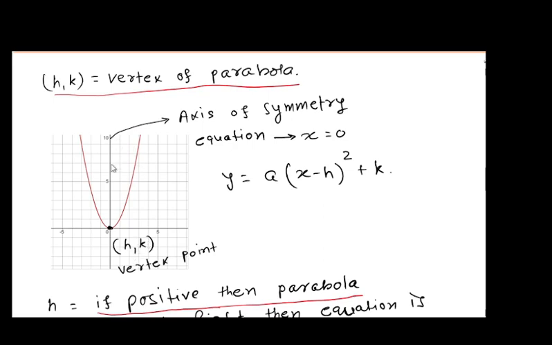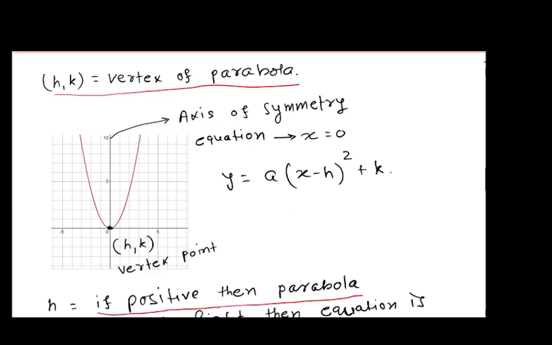The center line which passes through the x value of the vertex point is called the axis of symmetry. In this case, this is the y-axis, and it passes through x = 0. So the equation of the vertical line in this case is x = 0, and x = 0 is my axis of symmetry.